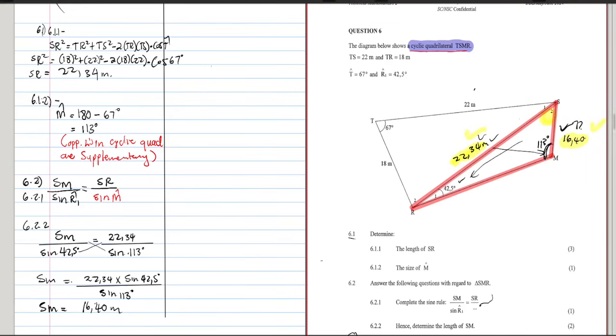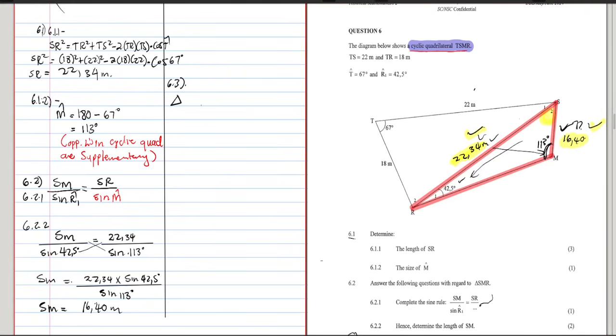For 6.3, in order for us to calculate the area, given the information that we have around this triangle, I have this side and that side. It means that I'll have to use SR and SM in my calculations.